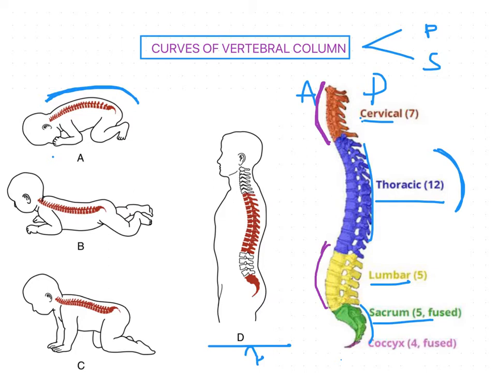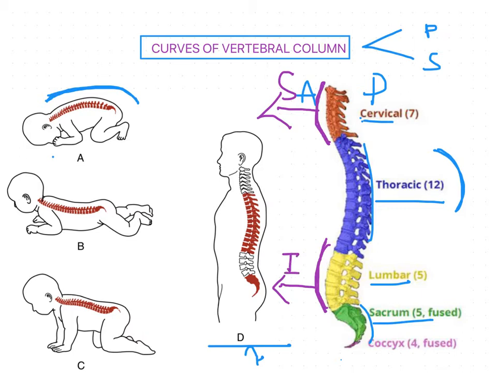So how are they formed? These curves are formed during the infancy period. These secondary curves are named the superior secondary curve, at the cervical region, and the inferior secondary curve, which is present at the lumbar region.